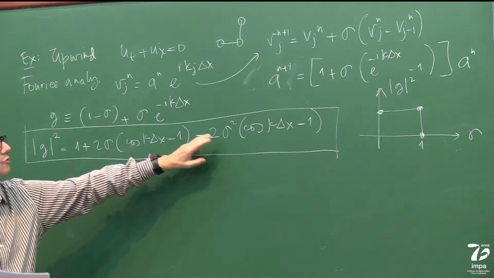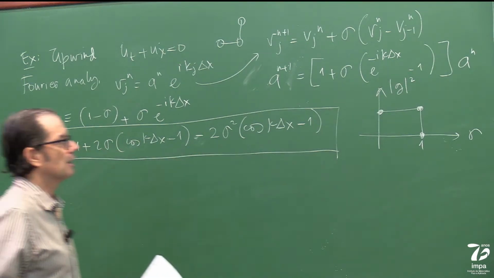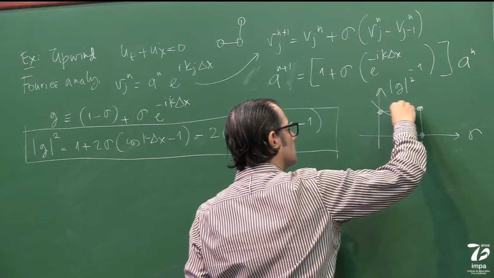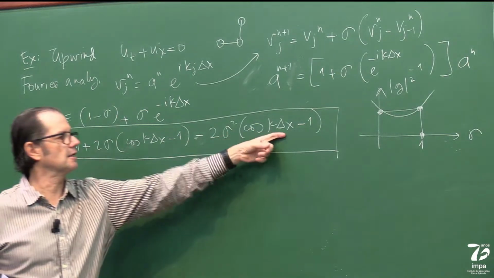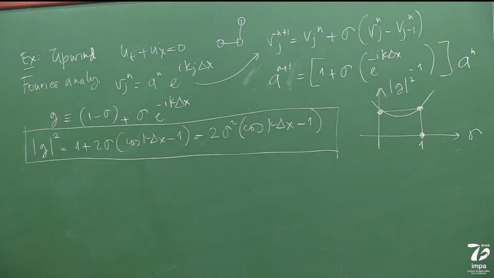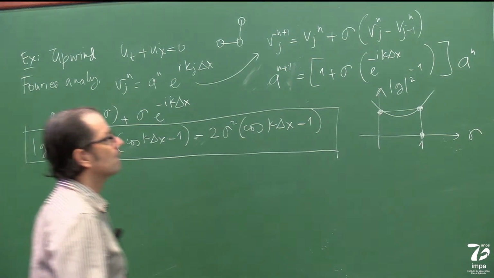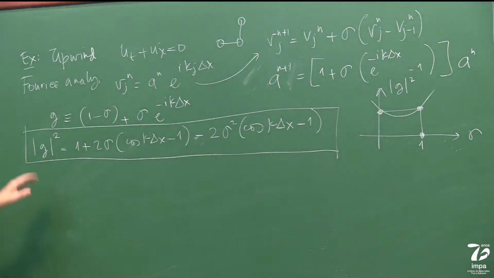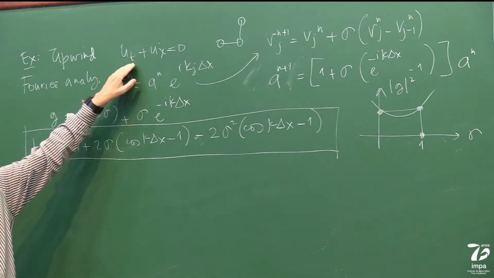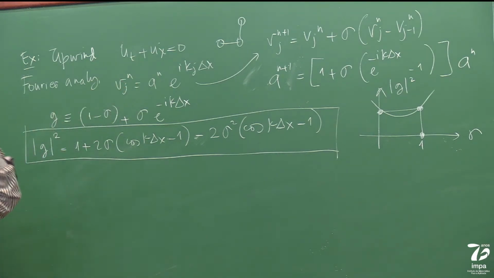When sigma is equal to 1, these guys kill each other. And then we have something like this, okay? Recall this is negative with negative. So basically, that just confirms what we know, right? That sigma, the Courant number, has to be less or equal to 1 for this guy not to grow, right? And since we have a wave model, we know there's no associated growth in the PDE, okay?